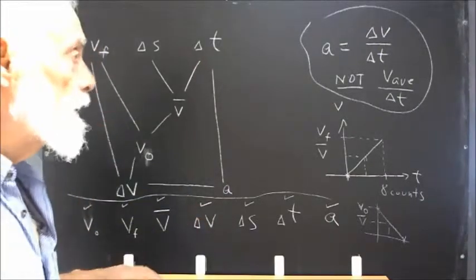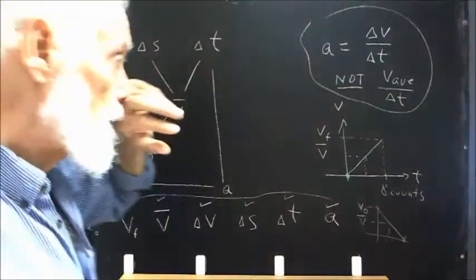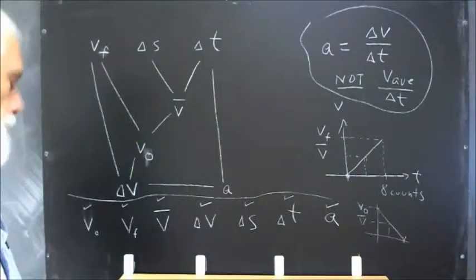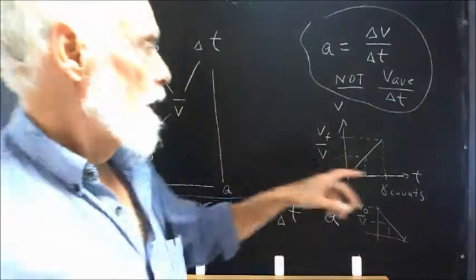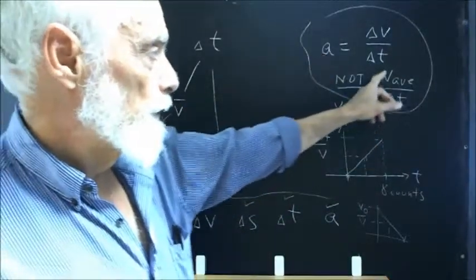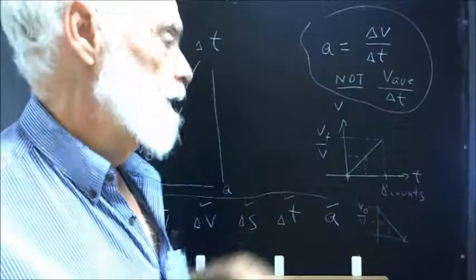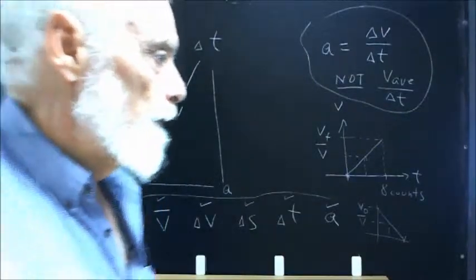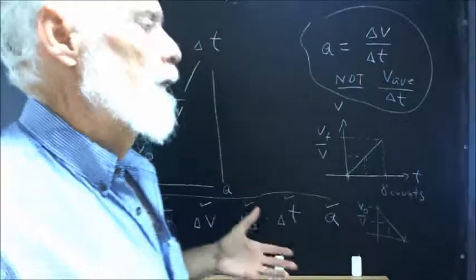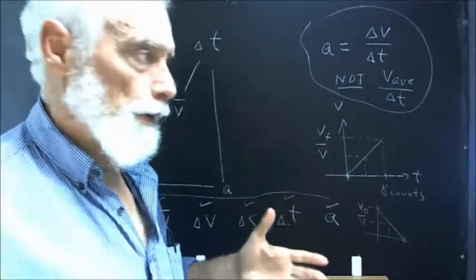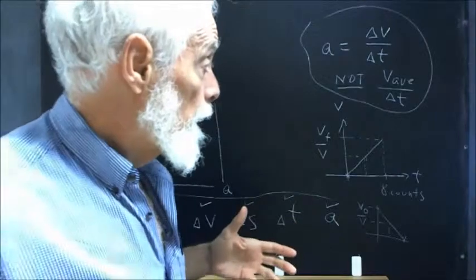Okay, we did get one response after I'd made a couple of mistakes. Somebody else decided to imitate me and made one by saying that acceleration was average velocity over delta t. Now, that's not so. And if you think about it, you'll see that there are a lot of reasons why it isn't so.